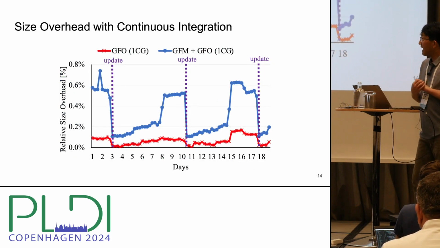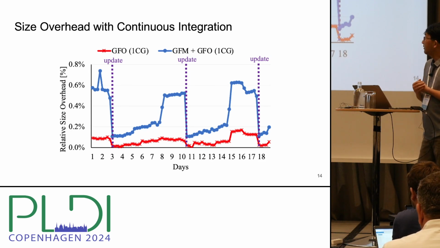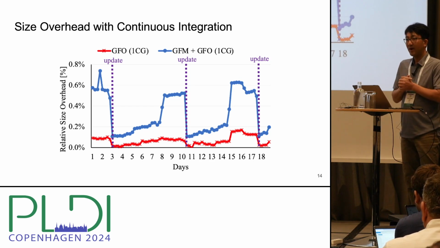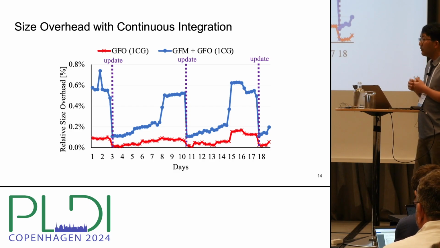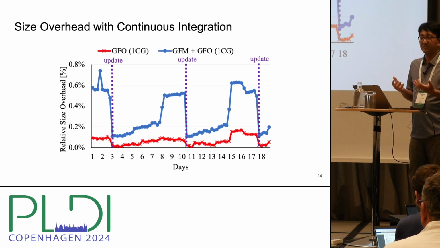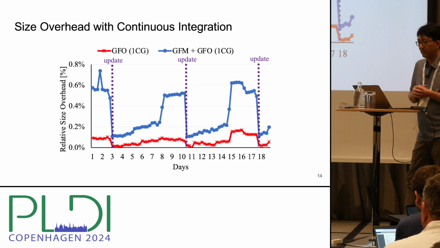So we tracked the app size regressions over the last 3 weeks, refreshing Gaussian artifacts weekly. Take a look at the red line on the bottom, which is the case with outline only, which works pretty well. The size regression is less than 0.2%, even though we have hundreds or 1,000 daily commits in our repo.